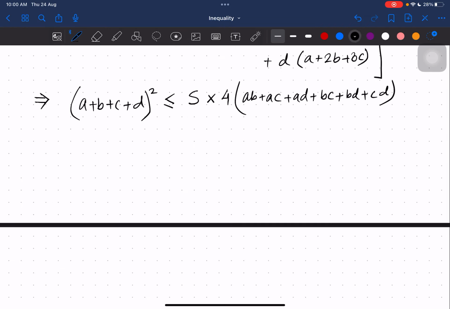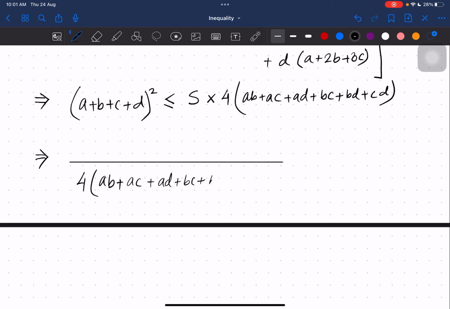So what I have is 4 times (ab plus ac plus ad plus bc plus bd plus cd) over (a plus b plus c plus d) whole square, that is less than or equal to s, right? So if I can show that this part is greater than or equal to 2 by 3, then we are done, right?